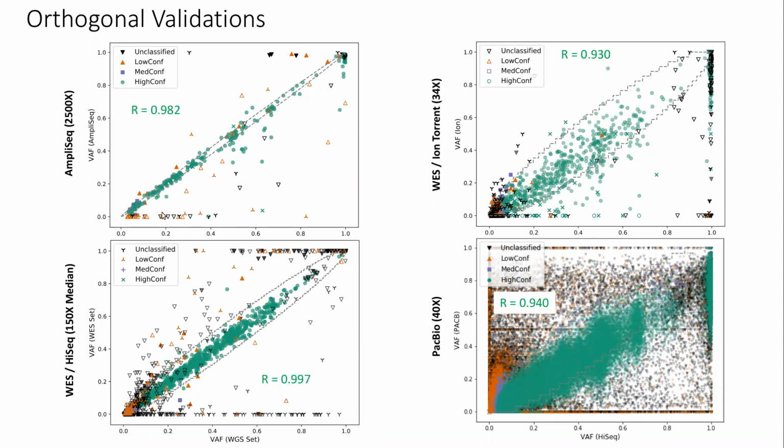And if you see data points on the bottom, the x-axis is the variant allele frequency estimate from the whole genome sequencing that we used to classify the reference call set. And on the y-axis is the validation data set, right? So if you see things on the bottom, it means there are variants classified as high confidence, with varying allele frequencies, but you don't see them in AmpliSeq.